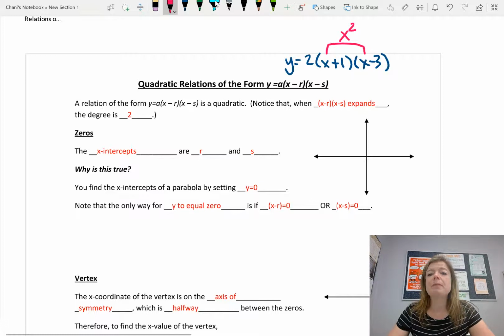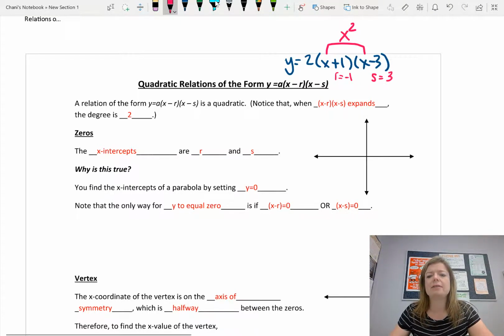And what's cool about this form is that it shows us what the zeros, or the x-intercepts, are. So notice that it's of the form x minus r and x minus s, and that the x-intercepts are r and s. So in this case, r would be -1, and s would be 3.